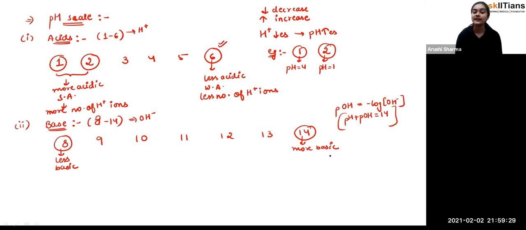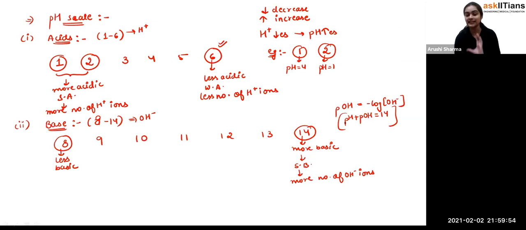Whenever it is more basic, obviously it will be a strong base, and for a strong base there will be more OH ions. Whenever OH ions are more, the pOH decreases.